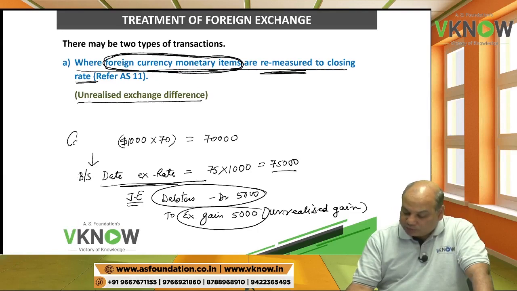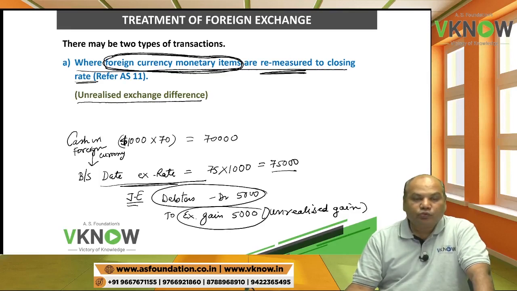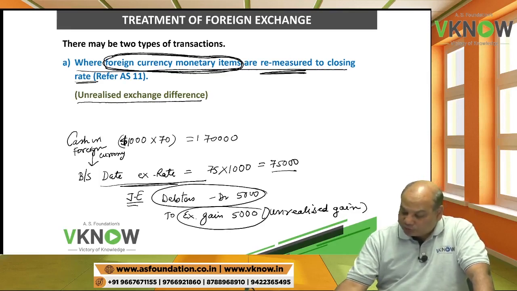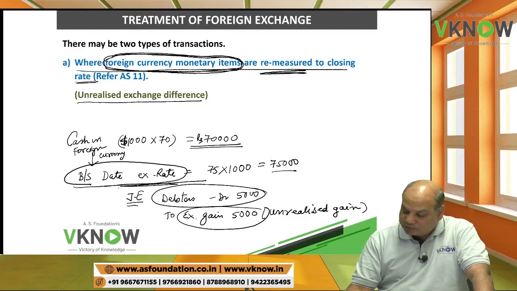Suppose we have cash in foreign currency, dollar 1,000. Opening cash balance in dollar 1,000 was valued at 70,000 rupees. On the balance sheet date, the exchange rate is 75.